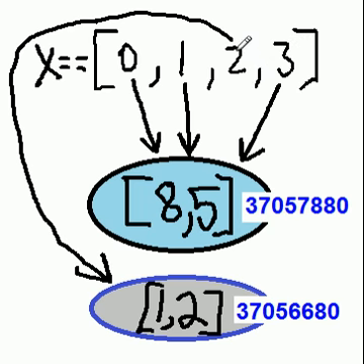The 2th element is pointing to address 3705680, while the other 0, 1, and 3th elements are pointing to 370578880. These are different addresses, as is evident here.